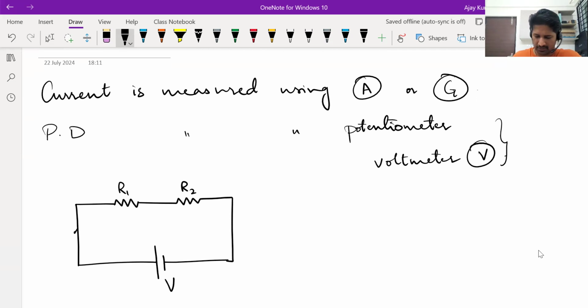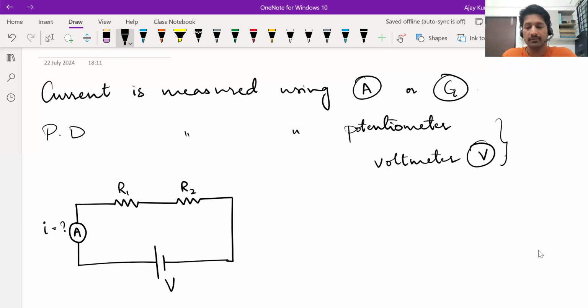Now, if you want to measure how much current flows in this wire, calculation you can do theoretically, V divided by R1 plus R2, that's fine. So if you want to measure current, what you will do is you will connect the ammeter in series with that wire. Okay, so just connect the ammeter here. Ammeter or galvanometer also you can. For small currents, you use galvanometer. For large currents, ammeter. Connect it here and it will tell you how much current is flowing.